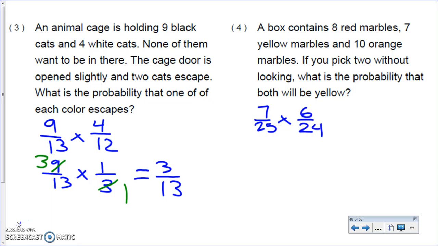Now we can simplify 6/24 to 1/4, so we're going to have 7/25 times 1/4. And now we're going to multiply across. 7 times 1 is 7, 25 times 4 is 100.